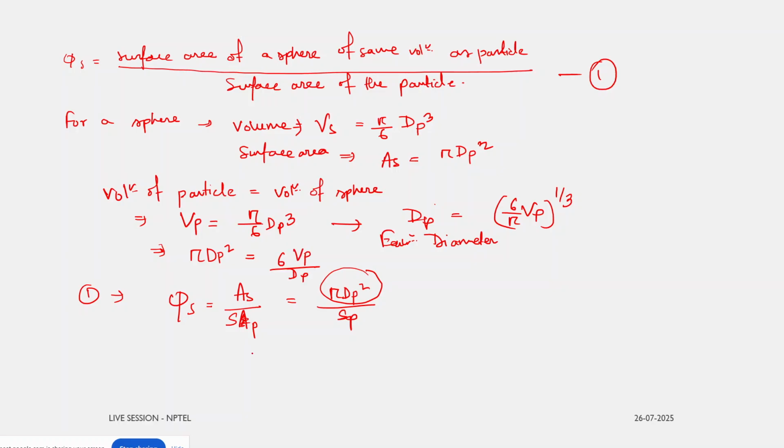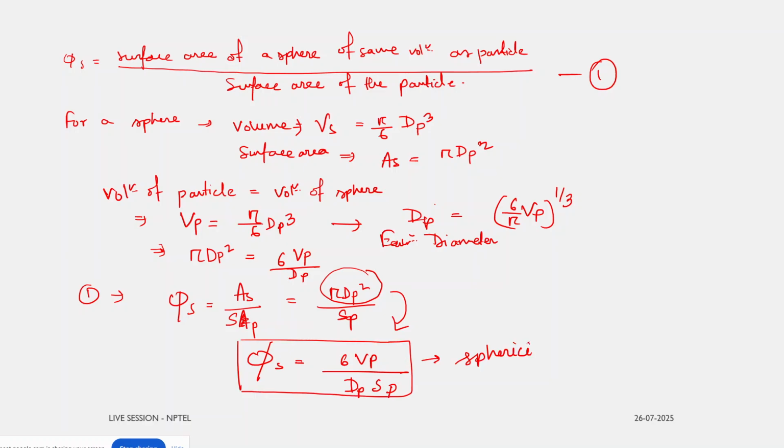So from there we get sphericity equals 6 Vp by dp into Sp. So this is the sphericity formula. The simplest form is mentioned in that slide, and this one is the equivalent diameter for this case.